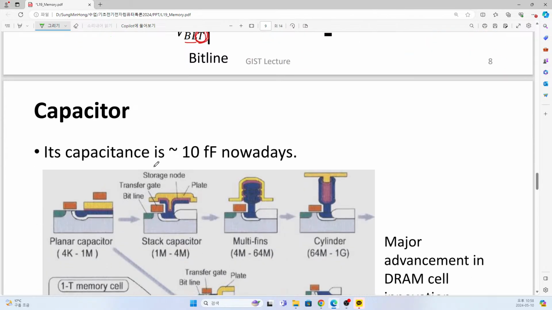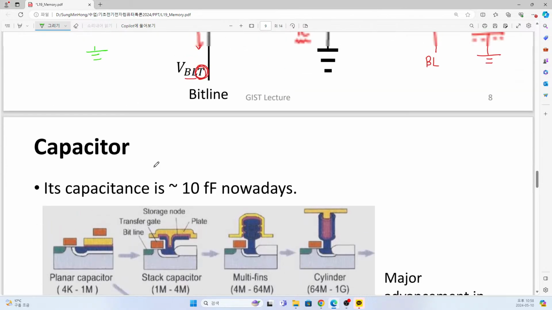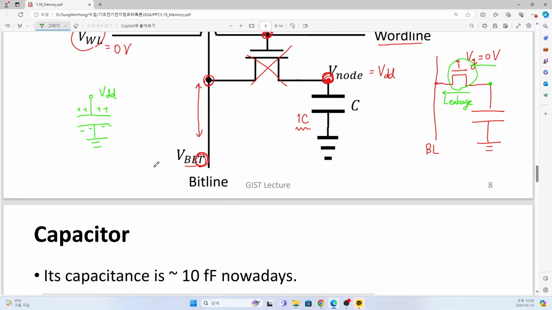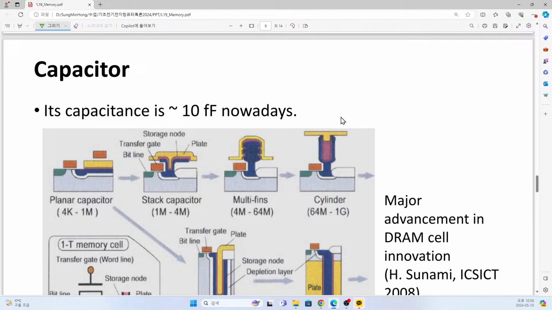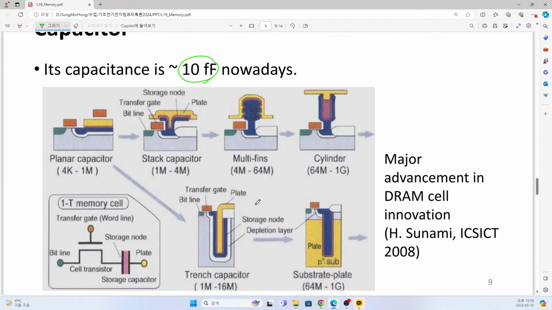Okay, so capacitor. Here we have a capacitor. The device is quite simple, and its capacitance nowadays is around 10 femtofarad. I just took it from a relatively old conference paper, but I think that this is good enough to understand the historical progress of a DRAM cell.